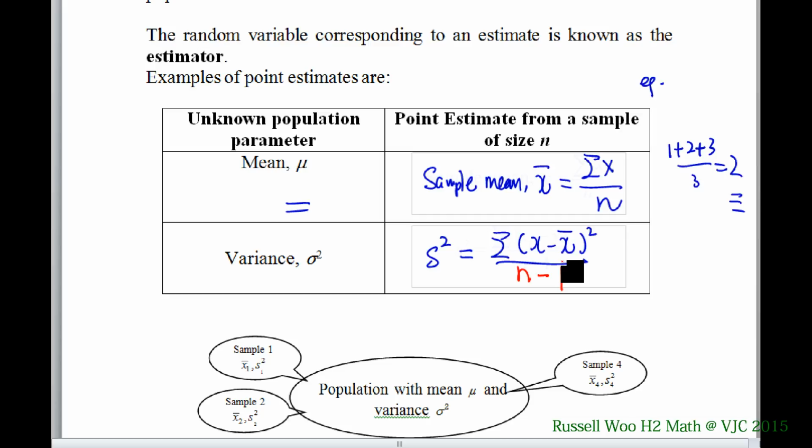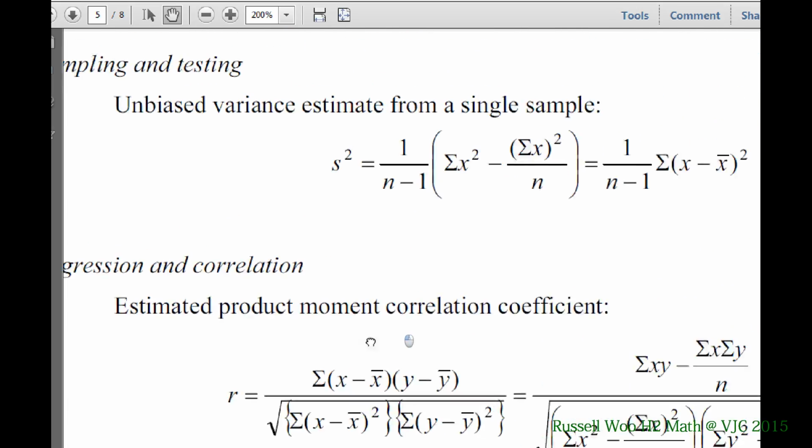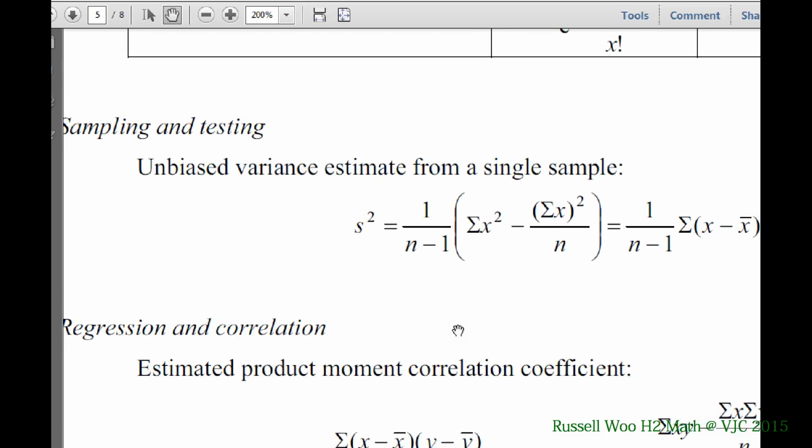Which actually explains why some of you were a bit confused just before CT2 and said, what is this formula in your MF15? I don't know whether you've seen this before. This S squared is actually the unbiased estimate for the population variance. You realize it is n minus 1, not n. If you change this to n, it is actually your sample variance.